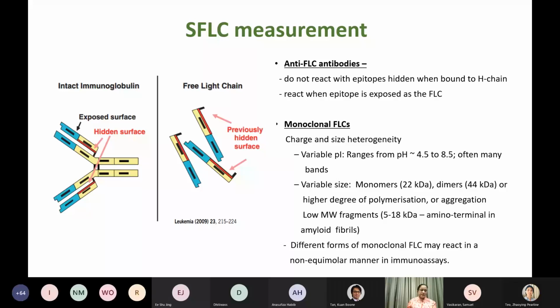These anti-free light chain antibodies do not react with free light chain epitopes when they are bound to the heavy chain. They only react when epitopes are exposed as the free light chain. And there must be no cross-reaction with the intact immunoglobulins to get accurate results.